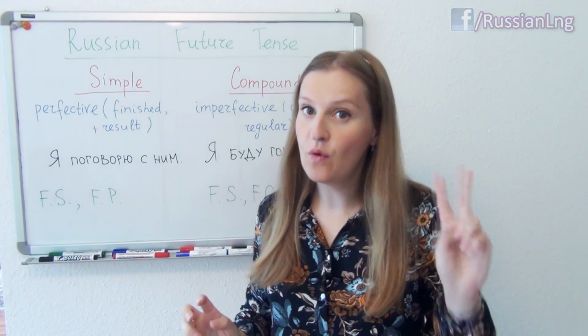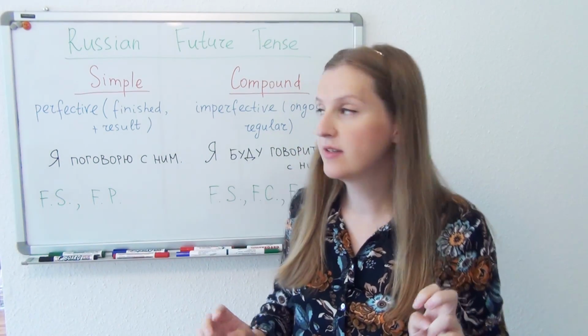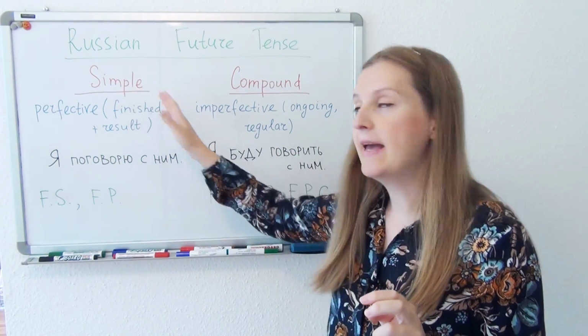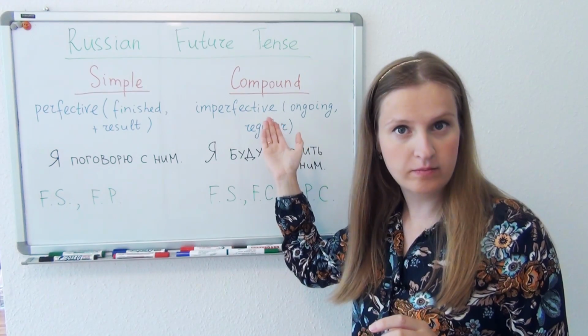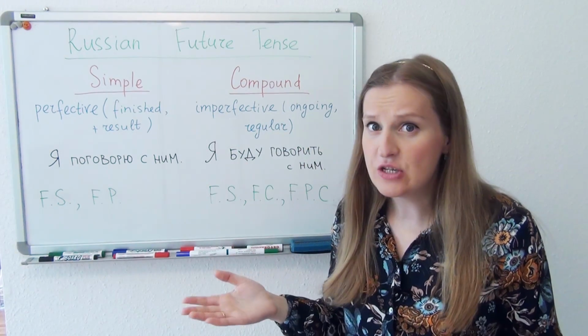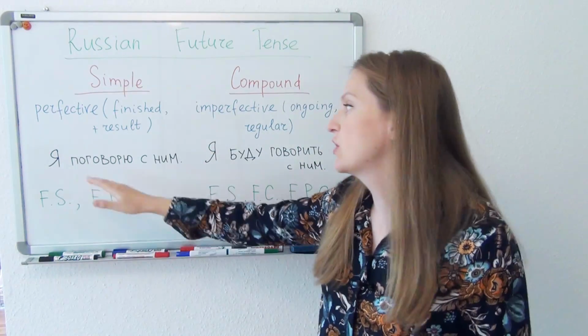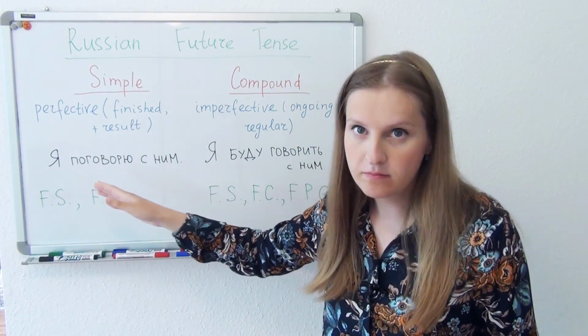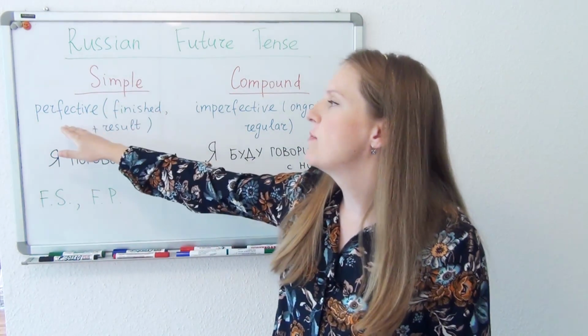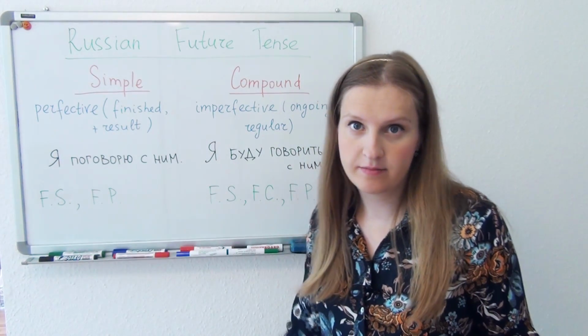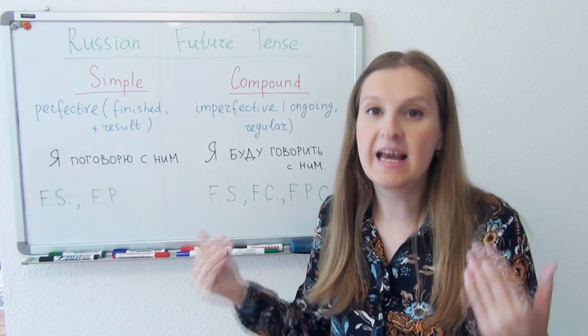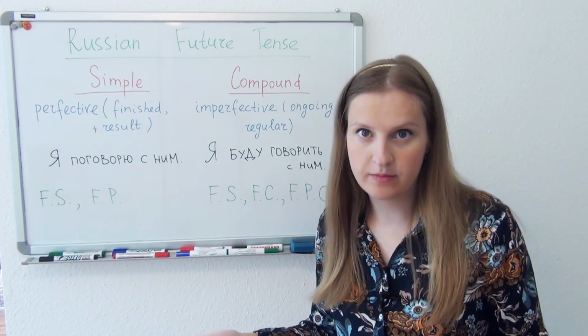There are 2 forms of future in Russian, a simple form and a compound form. When do we use each? We use a simple form, which consists of just one verb form, when we deal with perfective verbs. Perfective is an aspect of a verb.